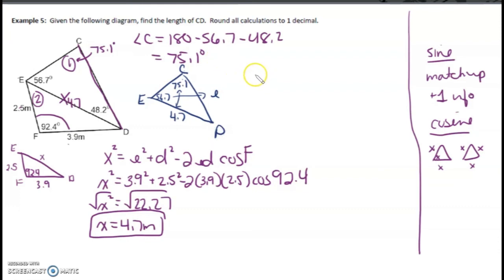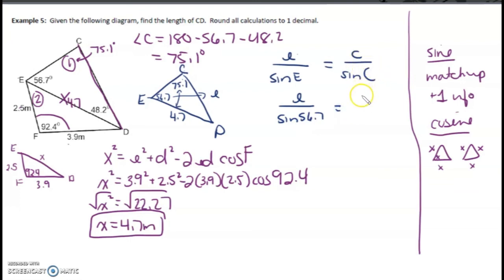So now we can set this up as a sine law. We're looking for the side length, so let's put the side lengths on top. E over sine E equals C over sine C. We don't know E, but we know angle E, which is 56.7, and we know side C, which is 4.7, over sine 75.1.